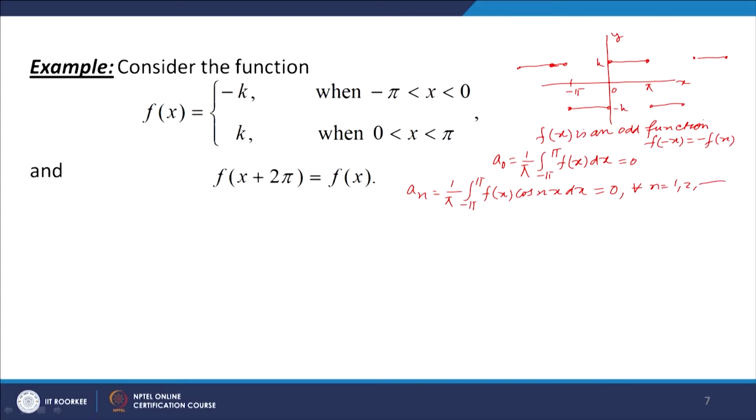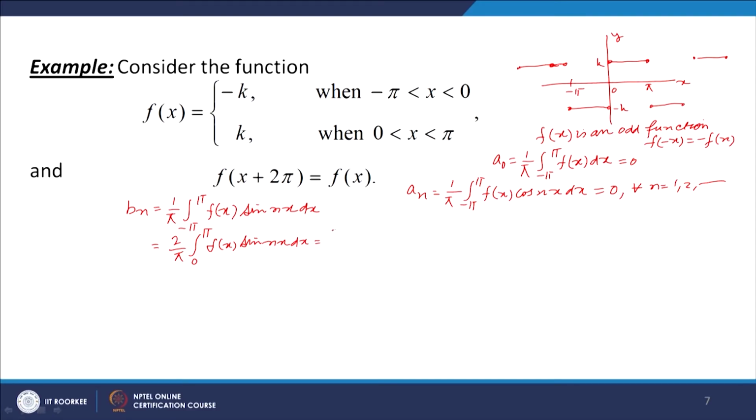So, let us now look at the formula for b_n. b_n is equal to (1/π) ∫ from −π to π of f(x) sin nx dx. Here f(x) is an odd function, sin nx is an odd function, so their product is even. So, I can write it as (2/π) ∫ from 0 to π of f(x) sin nx dx. Now, over the interval 0 to π, f(x) is equal to k.